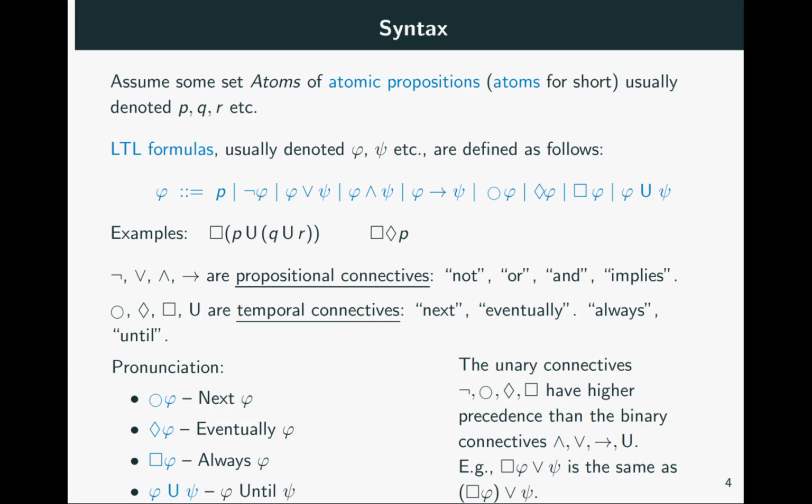For example, when we write always phi or psi without parentheses, what we mean is this: parentheses, always phi, or psi. Okay? This is because always, which is unary, has higher precedence than or, which is binary. This convention allows us to write formulas without using too many parentheses. You should be familiar with such parsing aspects from the study of programming languages. With logics, it's the same thing.